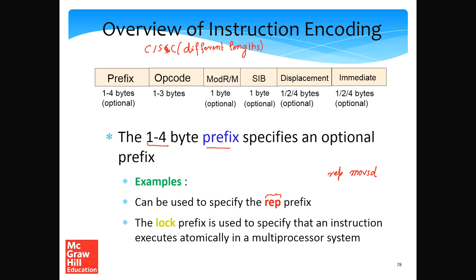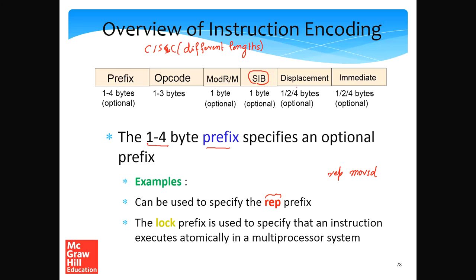Then we have 4 optional fields. One is the ModR/M byte, which specifies what registers are used in the instruction and whether the instruction uses a memory operand or not. Since the CISC instruction set supports fairly complex memory operands with a possible scale, index, and base, we have a special SIB byte, the scale-index-base byte, to encode this information.